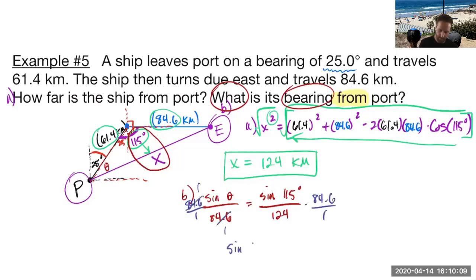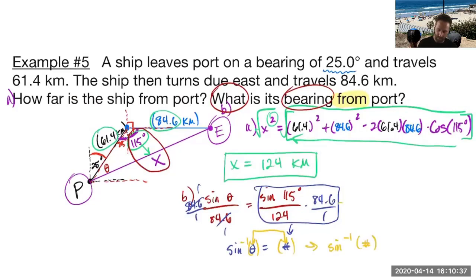Now we have the sine of theta by itself, but multiplying that out and getting some number, we will have to do our last step, and that is to take the inverse in order to reverse the order. So we will get the inverse sine of whatever that number comes out to be, and that is equal to our angle theta.